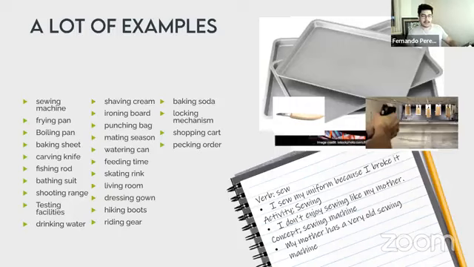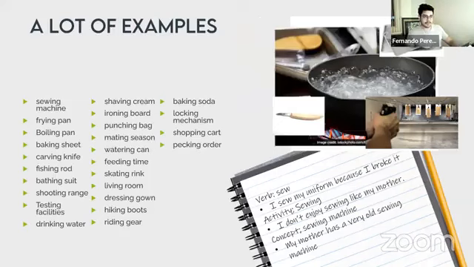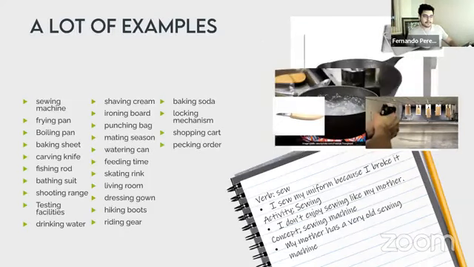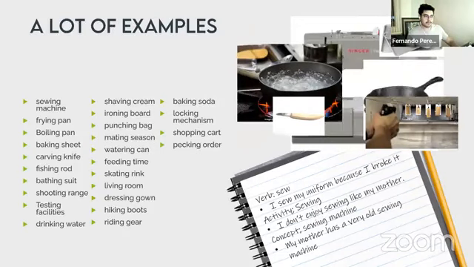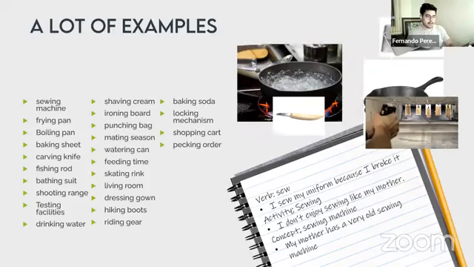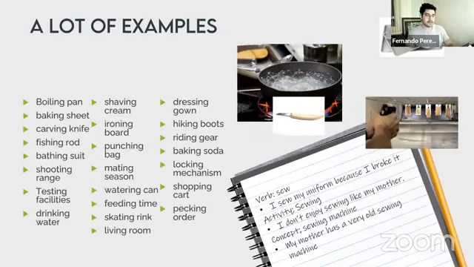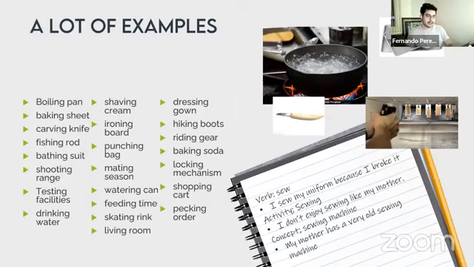This is a baking sheet, boiling pan, frying pan. The machine that we have over here, etc., etc. A lot of examples.